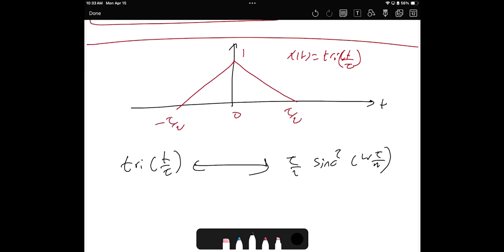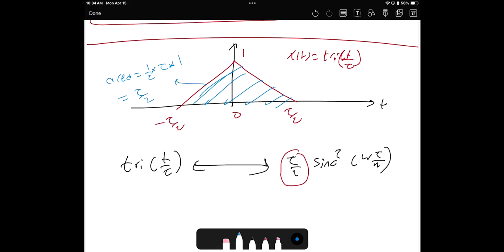If you see any question on the homework or whatever that says prove this, then you need to prove it using what we did. Now there is also a nice feature here, tau over 2. Look at the area of this triangle. Area equals 1/2 times the base times the height, which will make it tau over 2.